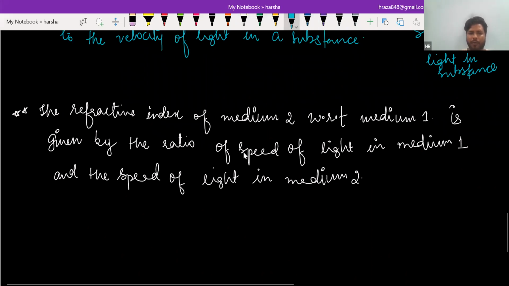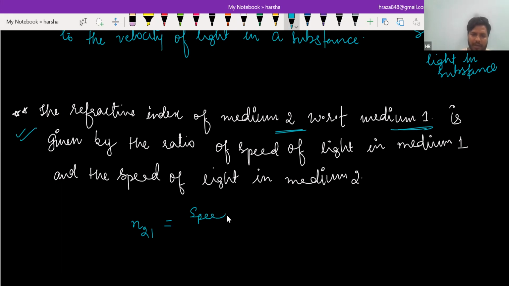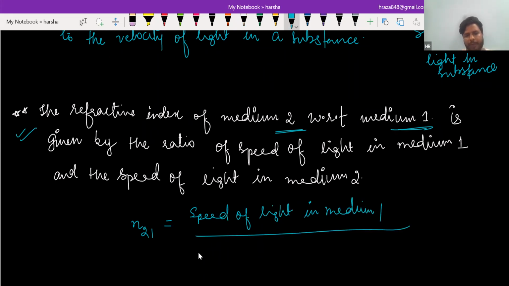So basically from this statement we are going to have a formula like n21. See, if a ray is traveling from 1 to 2, so the refractive index of medium 2 with respect to medium 1 is given by the ratio of speed of light in medium 1 upon the speed of light in medium 2.